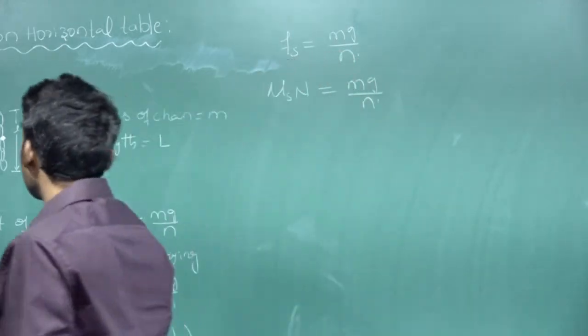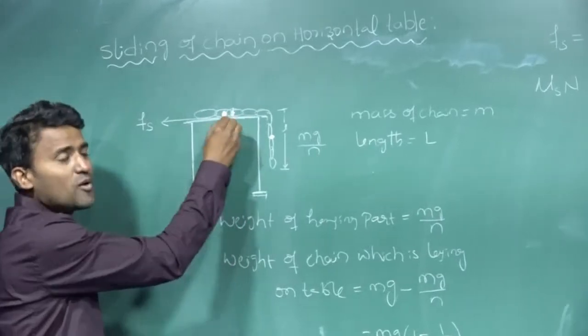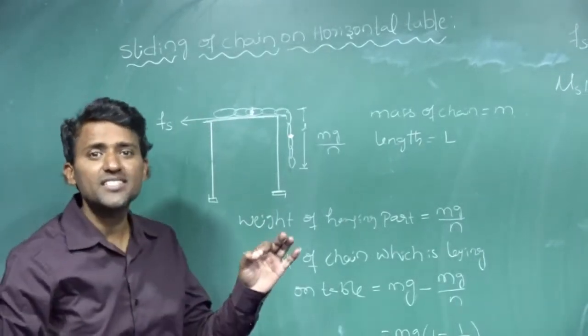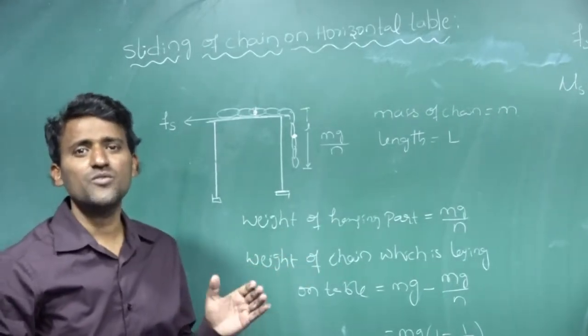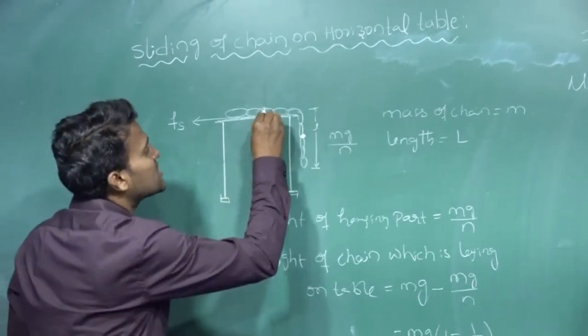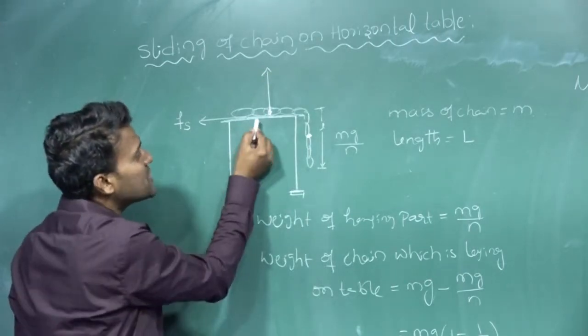And see here, there is a contact, so we have to write the normal force here. What is the normal force? A force that exists when two objects are in contact, which is perpendicular to the plane of contact. Here the table and chain are in contact.